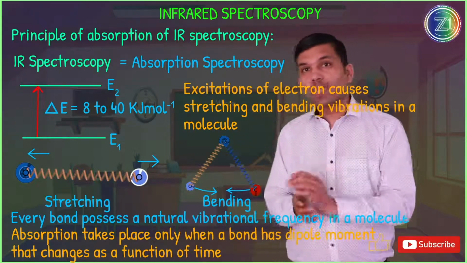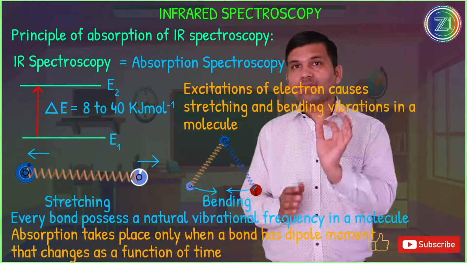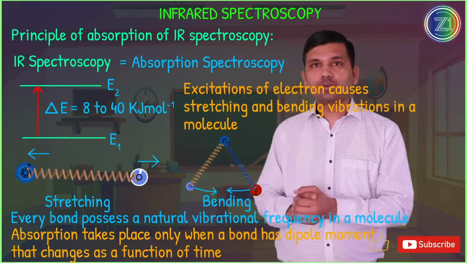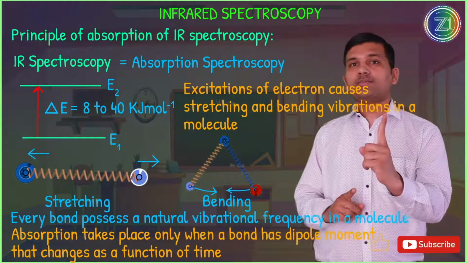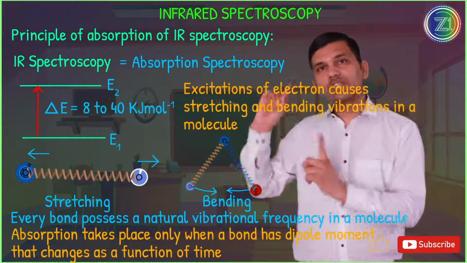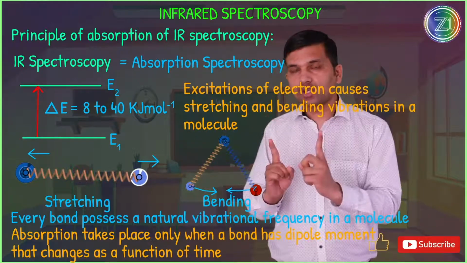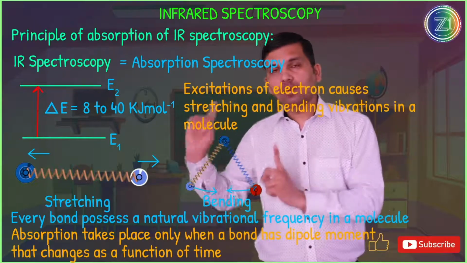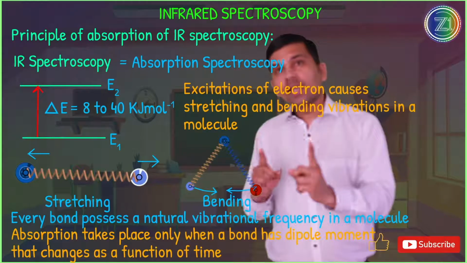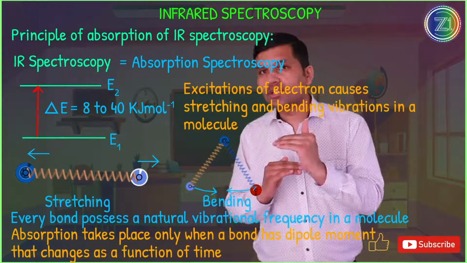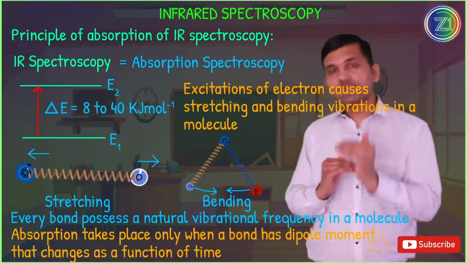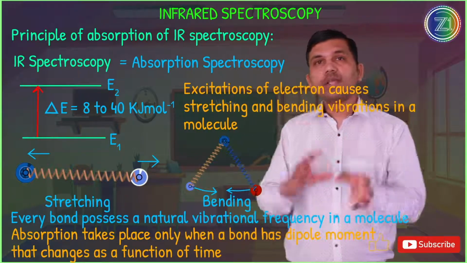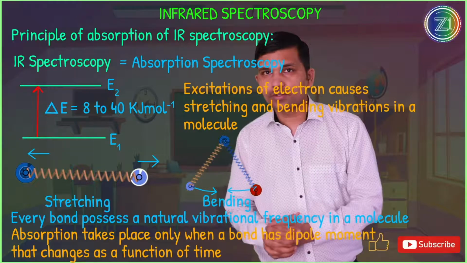What I said is that if a bond possesses a dipole moment that is changing with respect to time, only then will the sinusoidally changing electric field of the radiation couple with this electric dipole moment of the bond, and there will be absorption of energy and various vibrations, that is, stretching and bending vibrations.